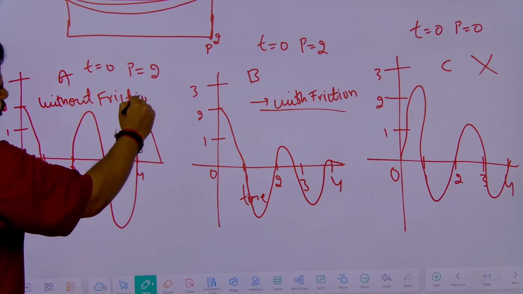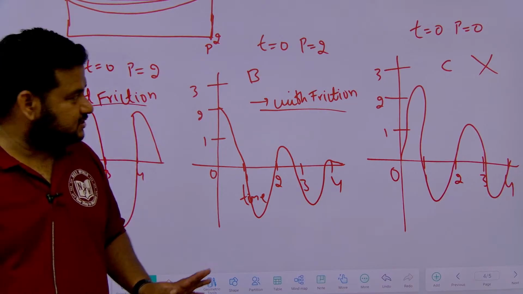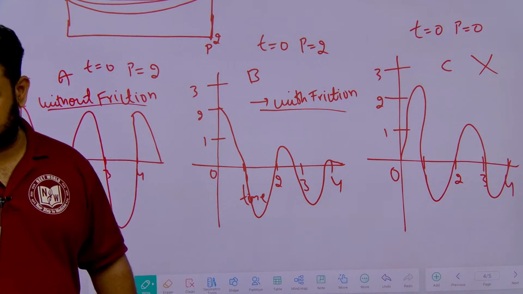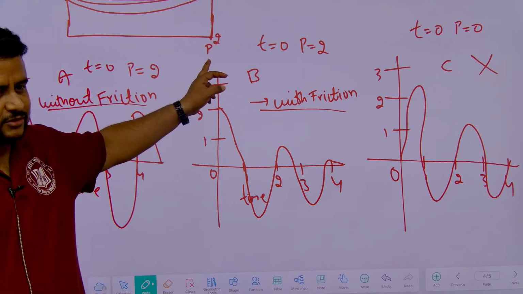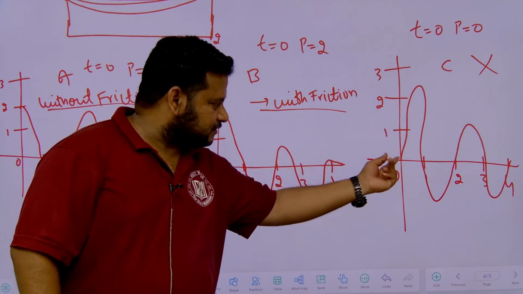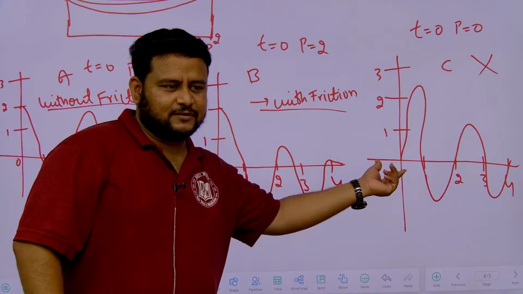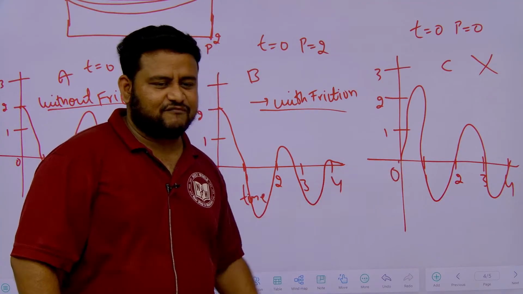So this is how you have to analyze the graph. By looking at the graph you should not get scared. A simple graph means it is an easy question. At t equal to 0, position is 2, but here at time 0 position is also 0. So this is a wrong graph.